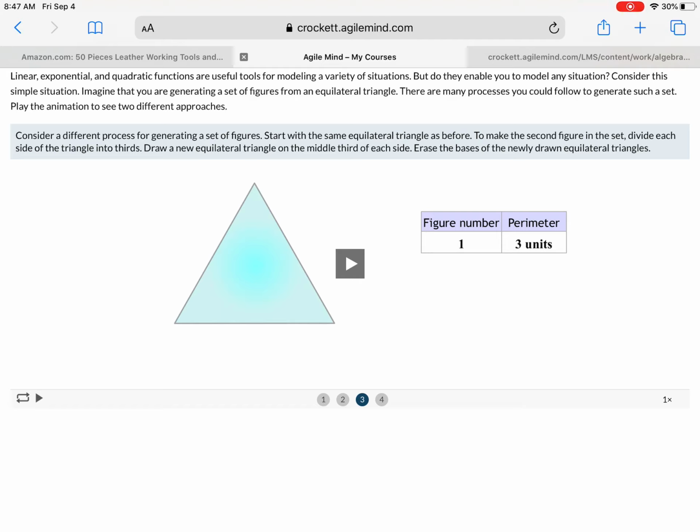All right, now this is where it gets a little tricky. So still right here, we still have 3 sides. Okay, first figure. Now let me back up. All right, I just added 3 little triangles, right?